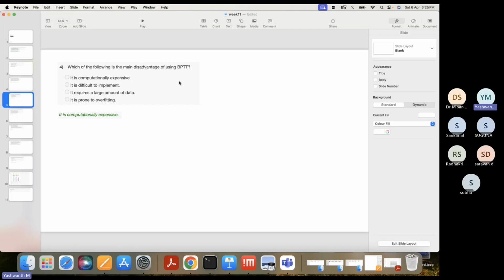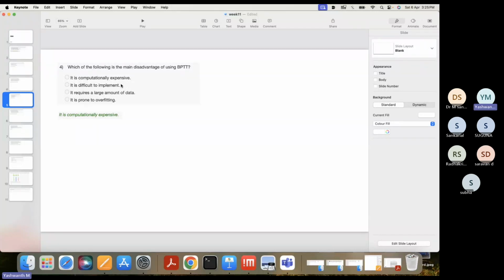Relatively, you should answer. You need to be careful because there can be many other methods that are more computationally expensive than BPTT, but in the given options, that is the most relevant answer.